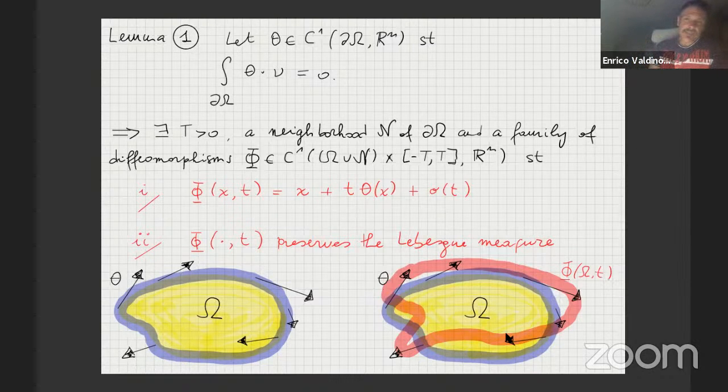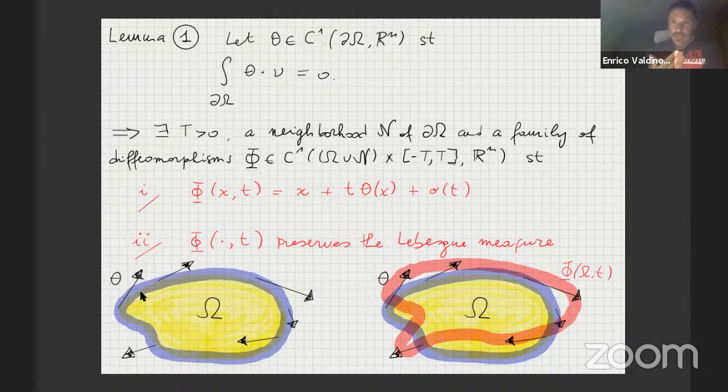Now, strictly speaking, it's not so obvious though, because you have an object, the vector field, that is defined only on the boundary, while you would like to have a diffeomorphism that is defined on omega. Think about the isoperimetric problem: you want to take your full set omega and move it around, preserving its volume.